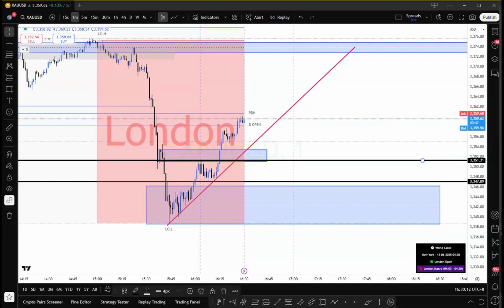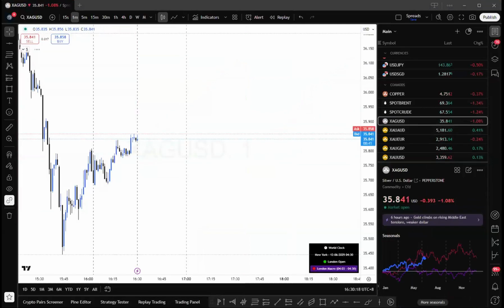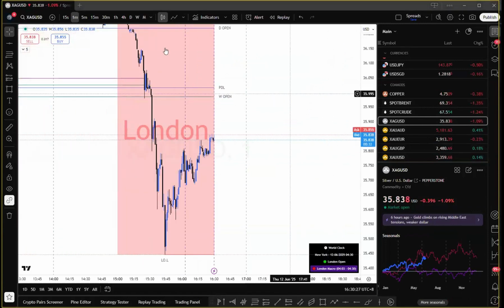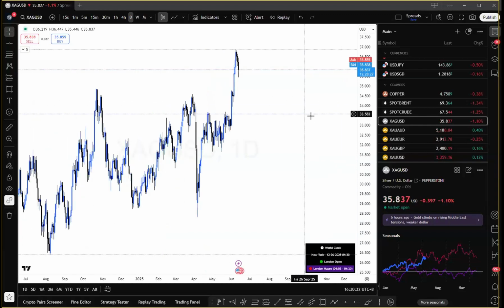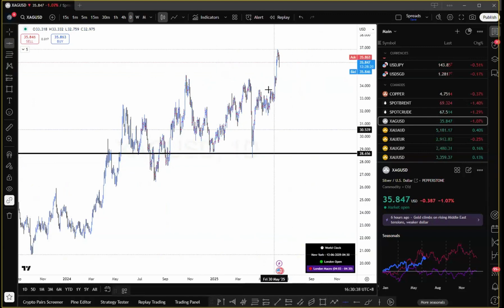All right, let's do silver before we end off the session. Silver has broken out of our range.